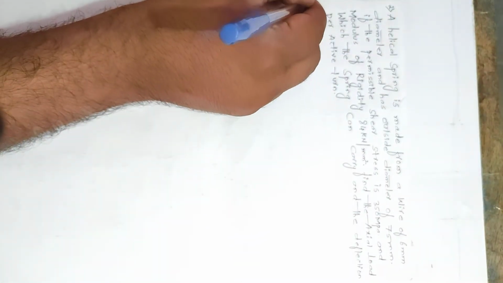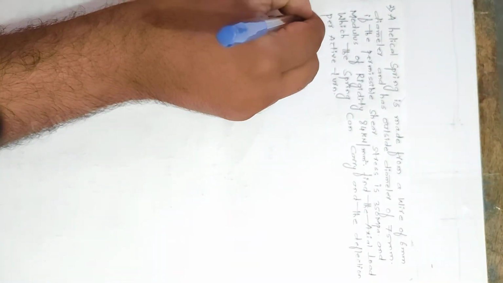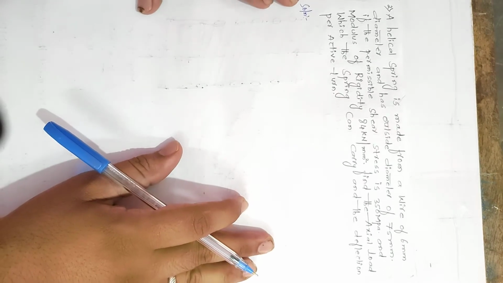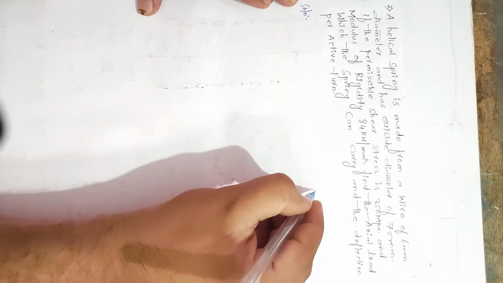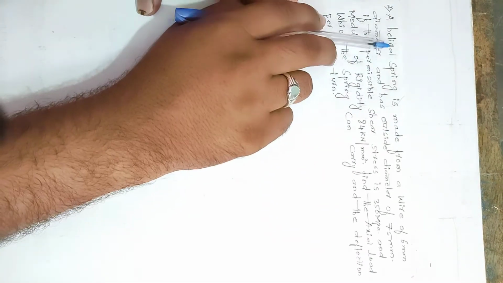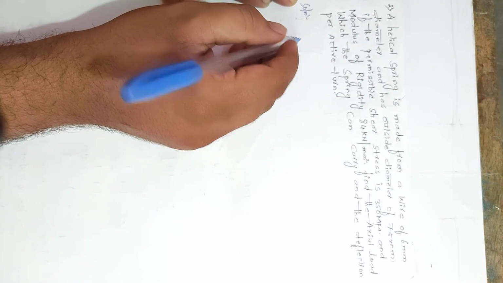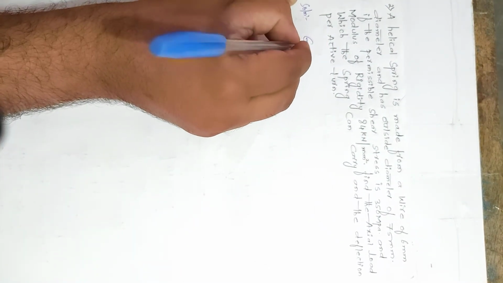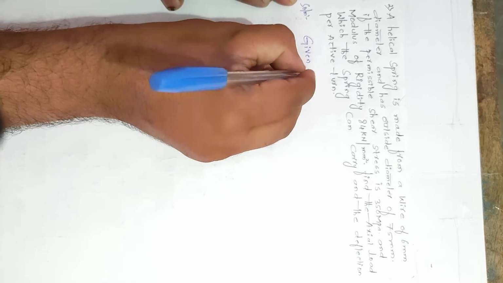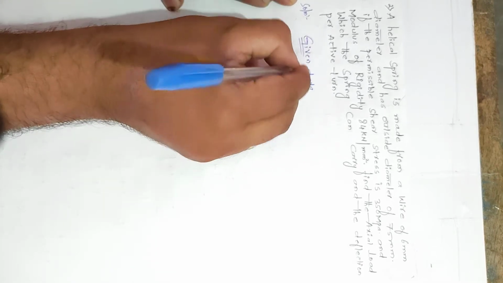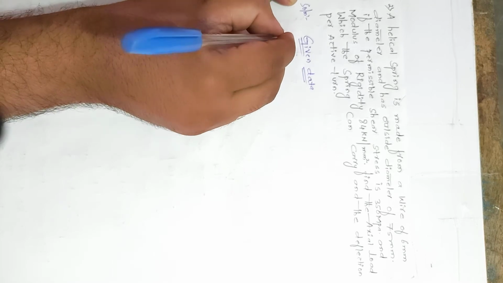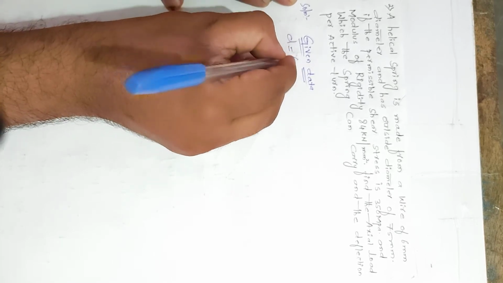Okay, first of all I will write the given data. The helical spring is made from a wire of 6 mm diameter, so d equal to 6.